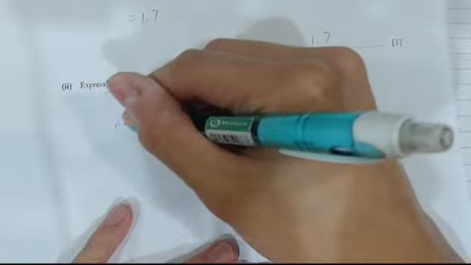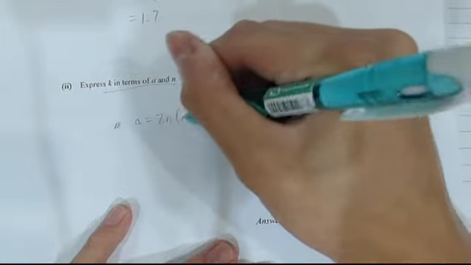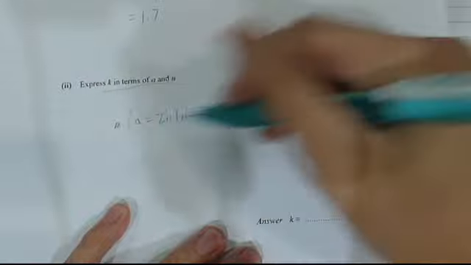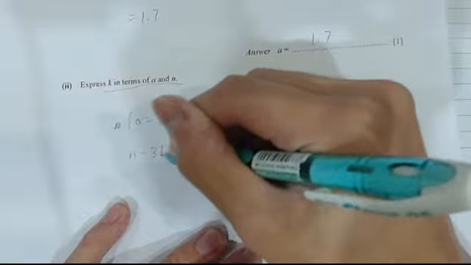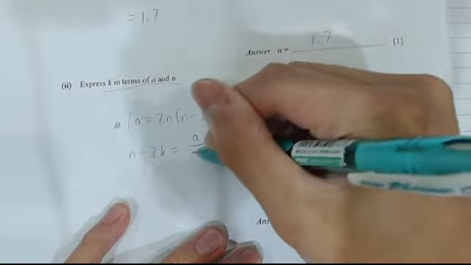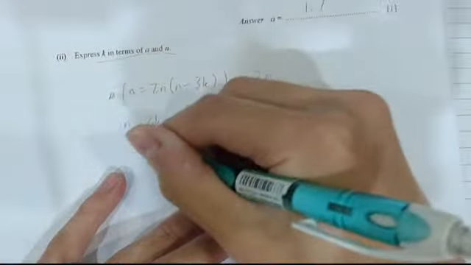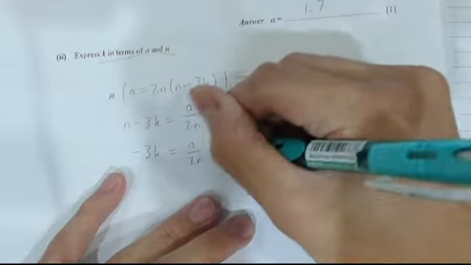Express k in terms of a and m. So this is just rearranging. Wait, actually I should do this from the start. A equals 2n times n minus 3k. We're just gonna divide both sides by 2n. We get n minus 3k is equal to a over 2n. Now we just have minus 3k is equal to a over 2n minus n.